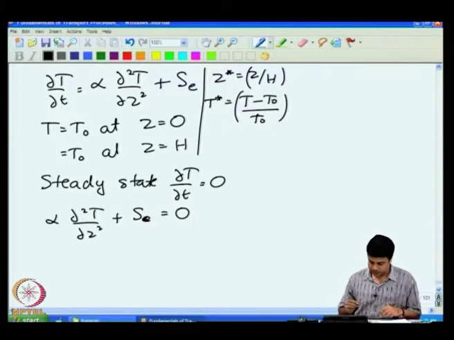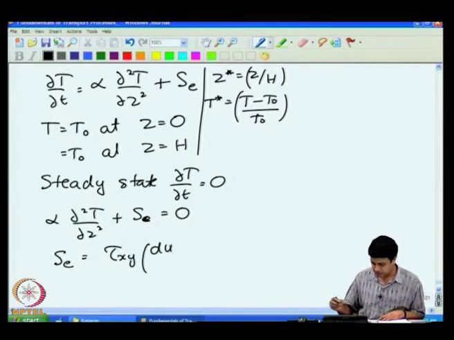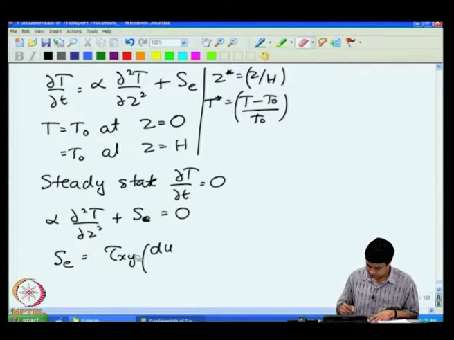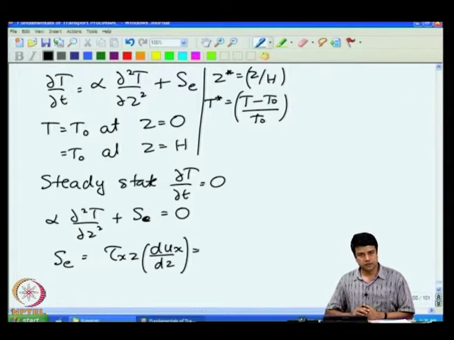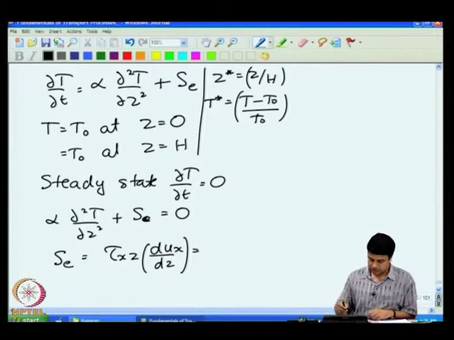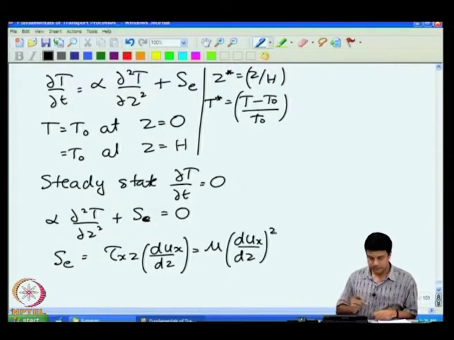Now, what is the source? Okay. I told you that S_E was equal to tau xy times, I should be careful here, tau xz times du x by dz. Okay. But from Newton's law of viscosity, tau xz is just equal to mu times du x by dz. Right. So, I can write this as mu times du x by dz the whole square.